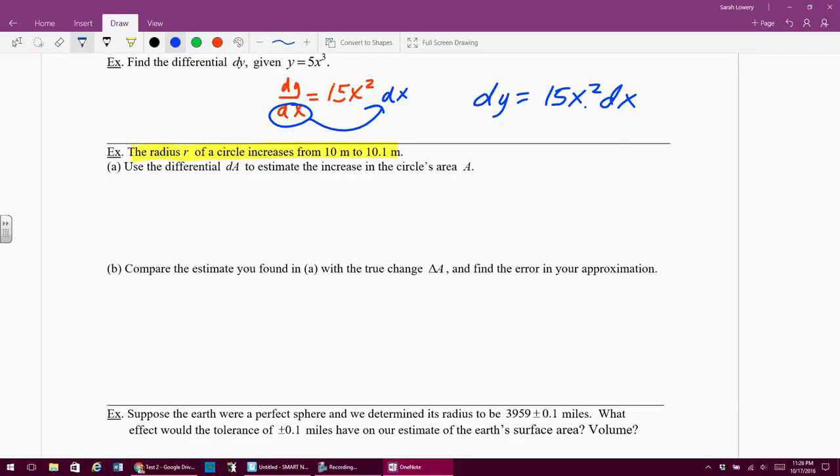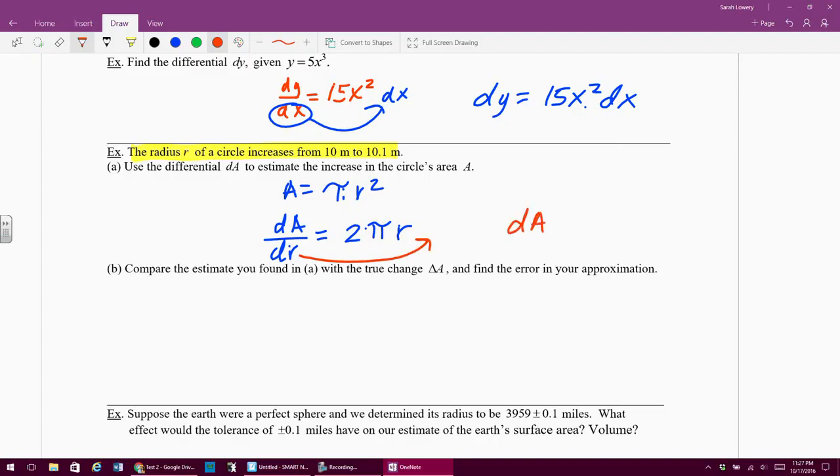Okay, first thing, how do you find area of a circle? Pi r squared. I'm now going to take the derivative of area with respect to r. If I take the derivative of area, I get 2 pi r, okay? What if I multiply my dr to the other side?